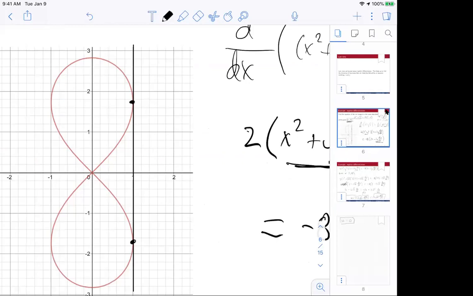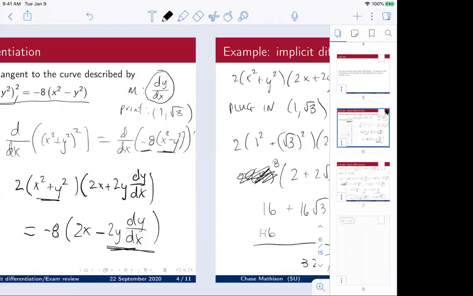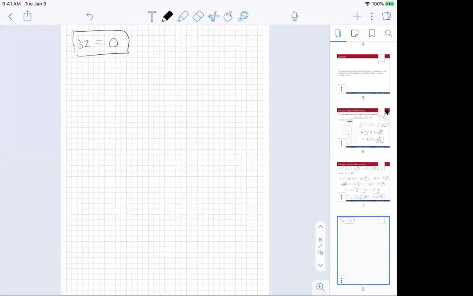So when you're going through an implicit differentiation problem like this, and you end up with something that looks like 32 equals 0, or you end up with something that's nonsense, that's an indication that maybe the slope is undefined at this point that we're trying to find the tangent line. Not always. It could also be the function is not smooth there, and it just doesn't have a tangent line at all.